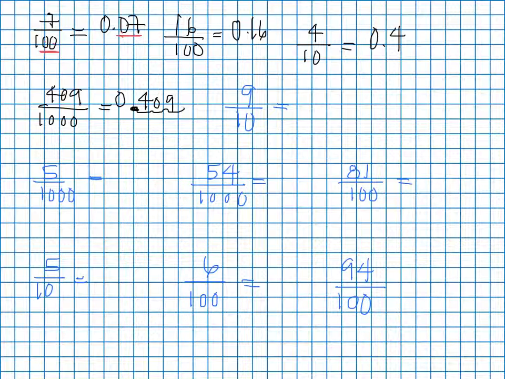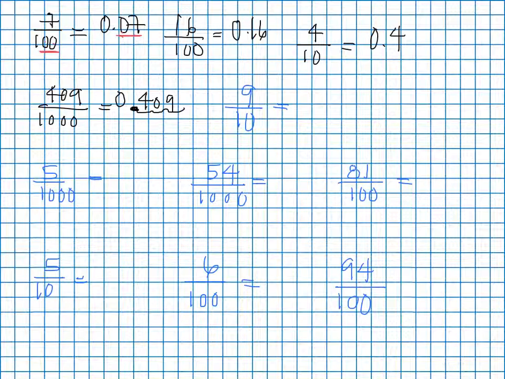So why don't you pause the video, solve those, write them down, and when you're done, you can check with your table mate to see how they did, if they're in the same place, or just start the video and I will give you the answers that you might already have. Good luck.